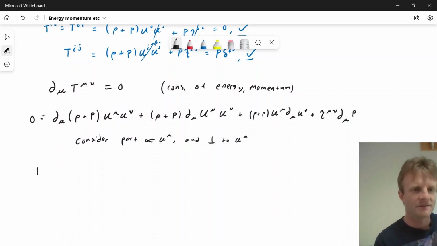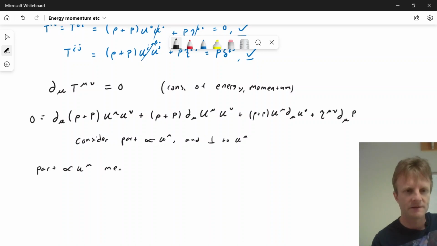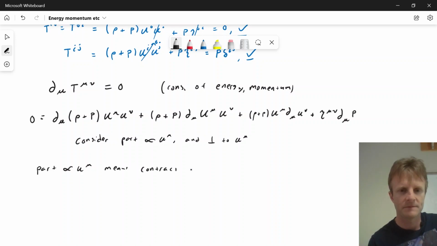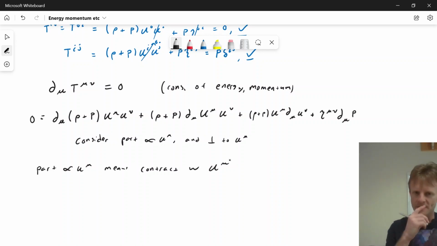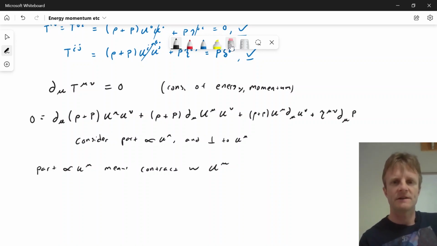Okay? So the part proportional to u mu means contract this equation with u mu. It's going to be u nu because that's our free index, as you've already pointed out to me.